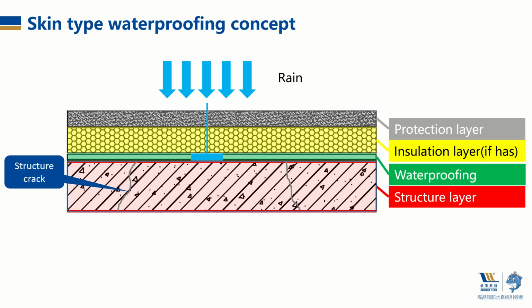There is little chance for leakage, only when the structure cracks are in the same places as the damaged points. It is easy to be repaired with grouting. We can see that this waterproofing concept is much more reliable than the raincoat type waterproofing.